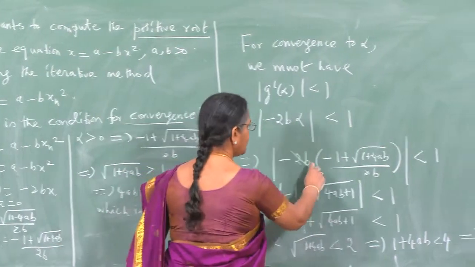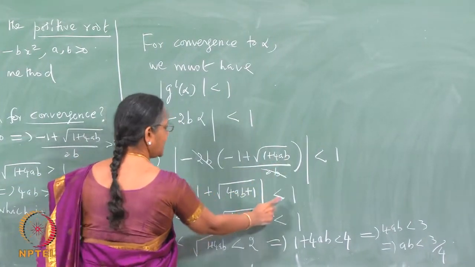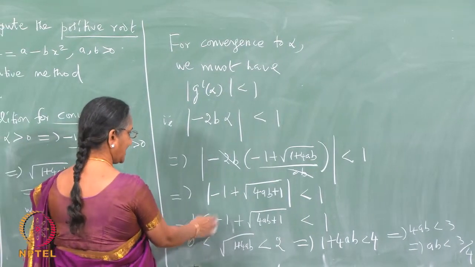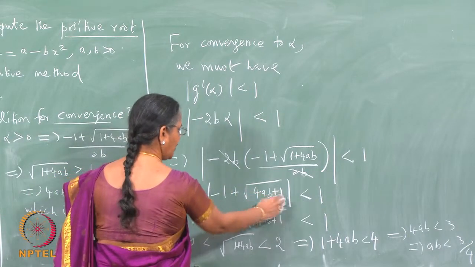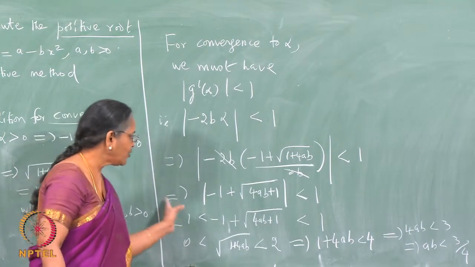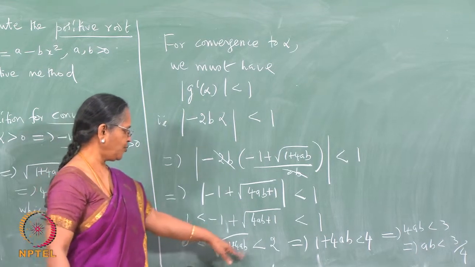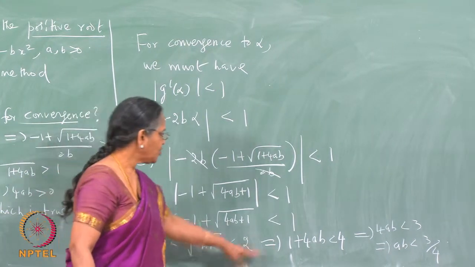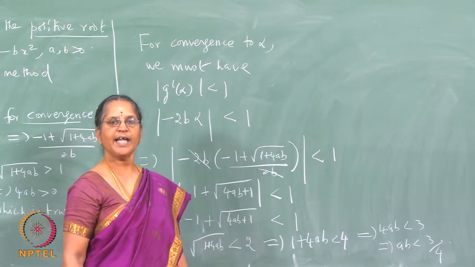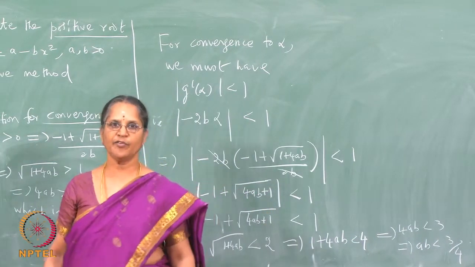So, this gives you minus 1 plus root of 1 plus 4ab must be less than 1 in absolute value, which implies minus 1 less than minus 1 plus root of 1 plus 4ab, and that must be less than 1. So, adding 1 throughout this inequality gives you 0 less than root of 1 plus 4ab less than 2, which shows that 4ab must be less than 3, and therefore, a and b are such that the product ab must be less than 3 by 4.